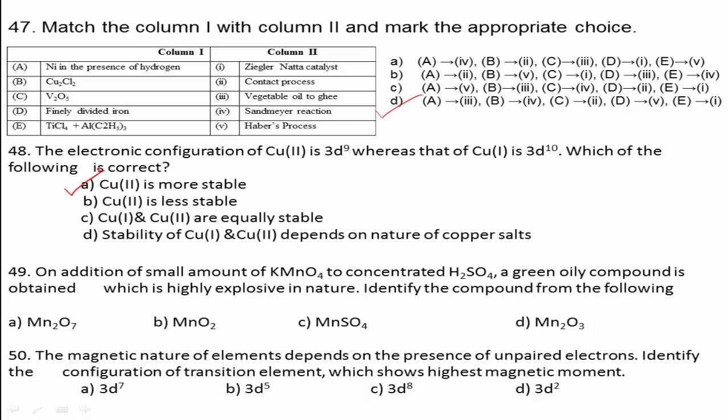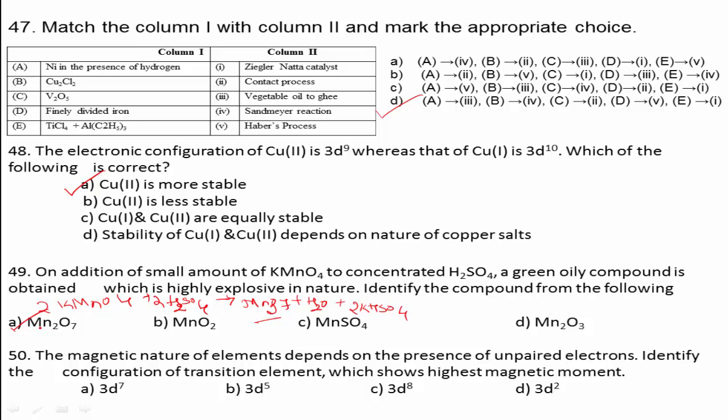When you observe the reaction for this question, it is like this: 2 KMnO4 plus 2 H2SO4 produce Mn2O7 plus H2O plus 2 KHSO4. Here Mn2O7 is highly explosive in nature. Therefore, the correct answer for this question is option A.